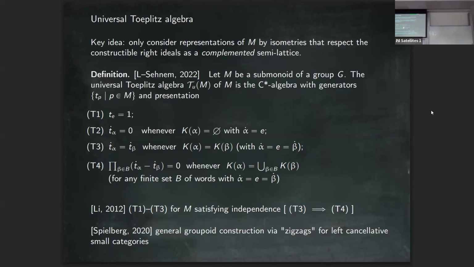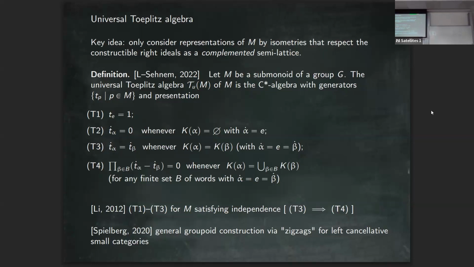So if K alpha is the union of K beta, so that when you do the K alpha minus K beta and you take the intersection of that, you get zero, then the similar product has to respect that complementation in the algebra. So when the semigroup satisfies independence, then you don't need T4, because T4 is reduced to T3 by independence.